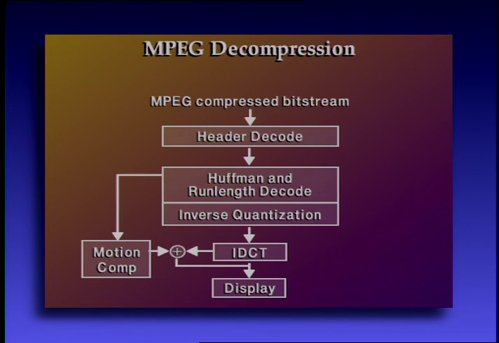Now, without going into the detail of the compression techniques used, each step in this MPEG decompression flowchart represents the reversal of a particular compression technique that was used to remove either spatial, temporal, or encoding redundancies in compressing the original video into an MPEG 1-bit stream.